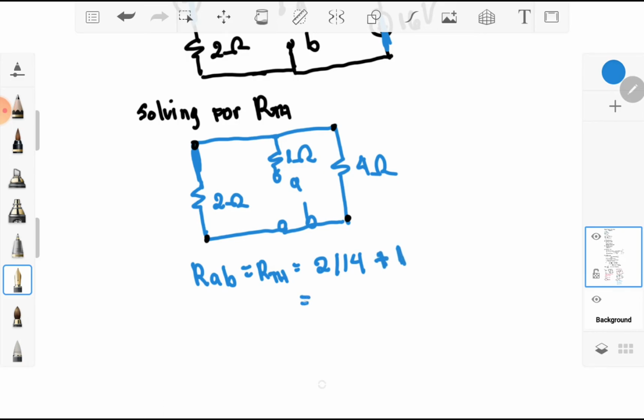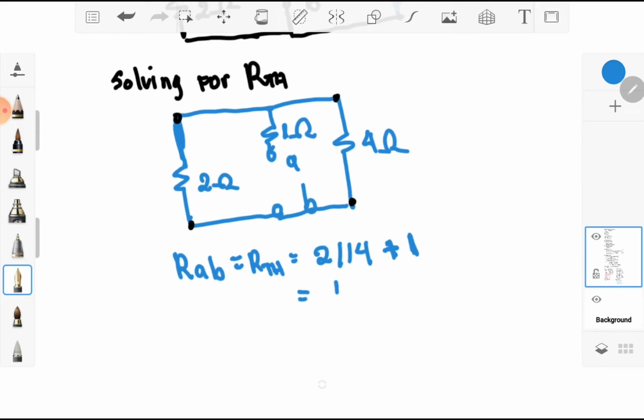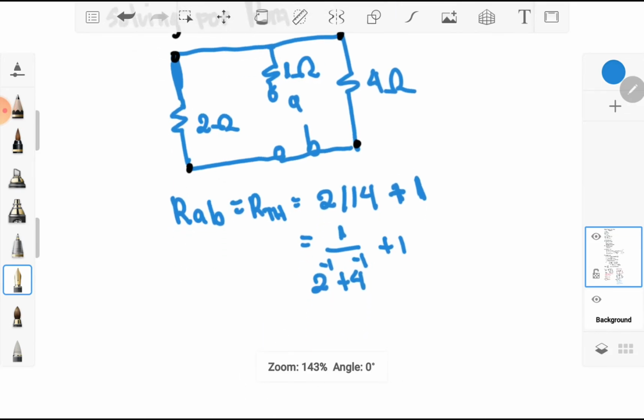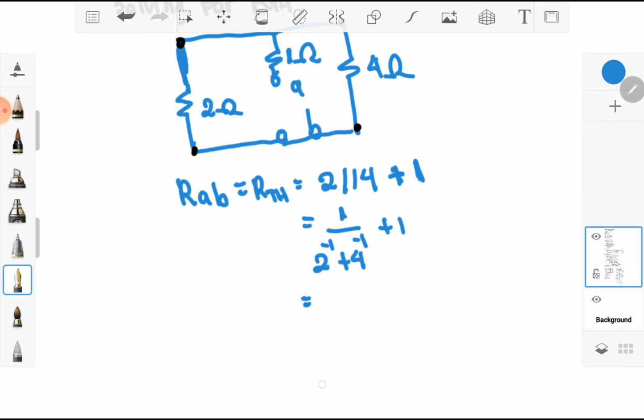Okay? So therefore, our RTH is equal to 1 divided by 2 raised to negative 1 plus 4 raised to negative 1, plus 1 ohm. So our RTH will be equal to 7/3 ohm. That is our RTH.